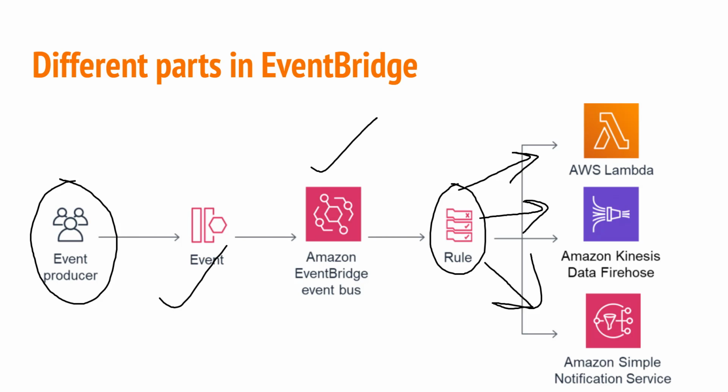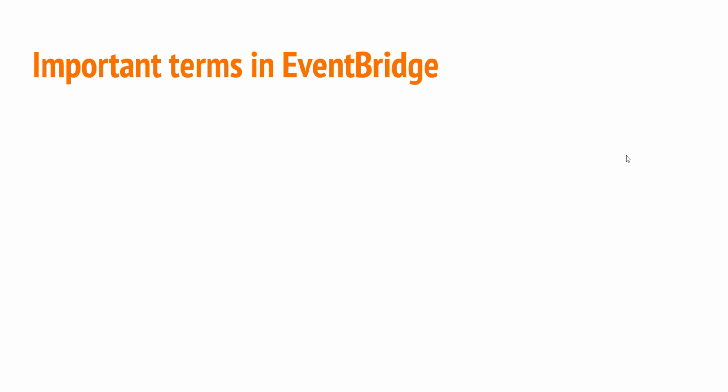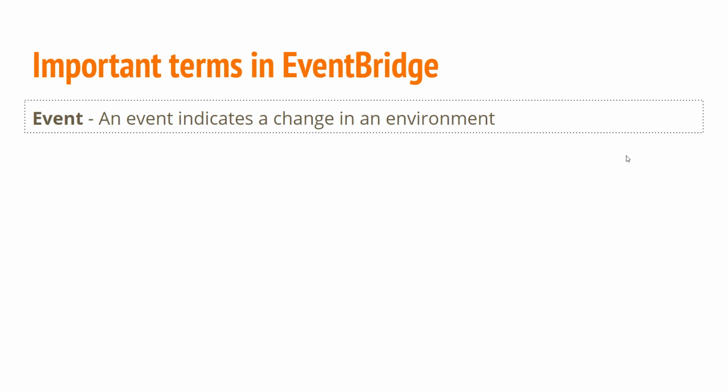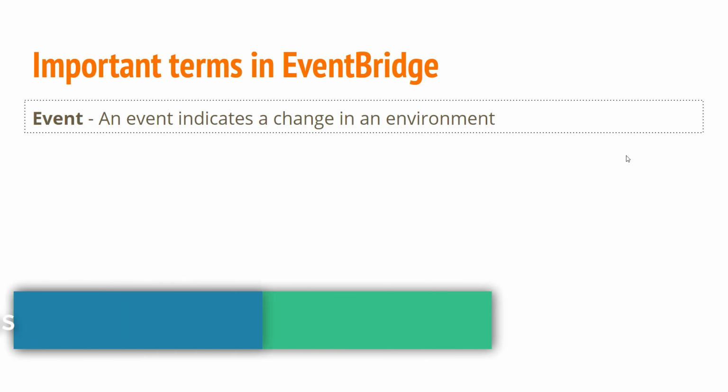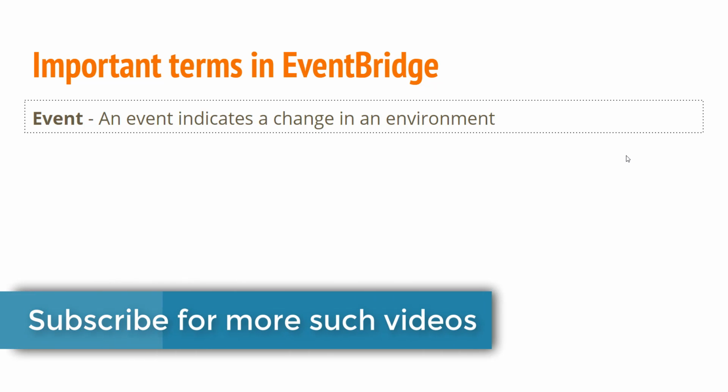Let's move to the next section. So we'll cover important terms in EventBridge. The first one is event. An event indicates a change in an environment. So this can be an AWS environment or a SaaS partner service or one of your own custom applications.